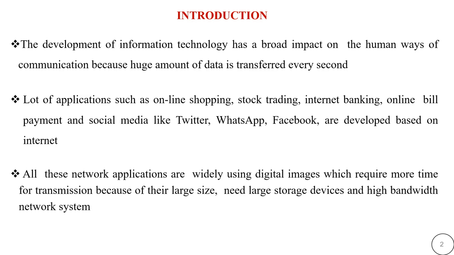Many applications are developed based on the internet, like WhatsApp, Facebook, net banking, etc. Digital images are widely used in all these network applications. So an image file requires more time than a data file for transmission, because of its larger size, it needs large storage devices and a high bandwidth network system.